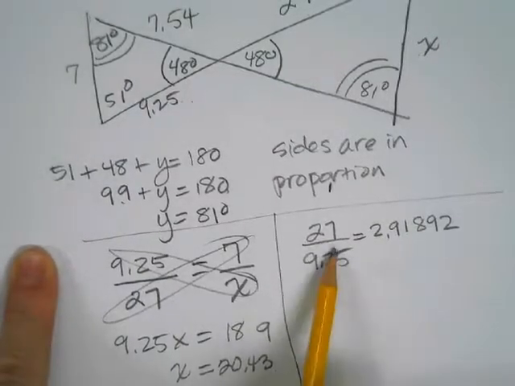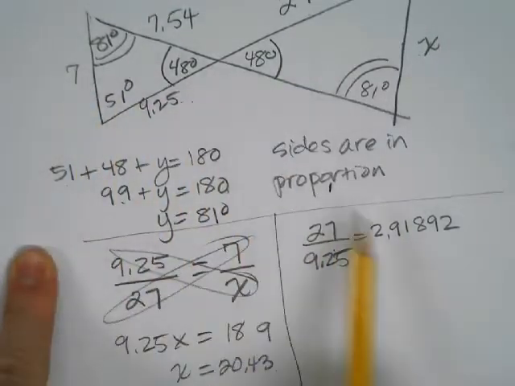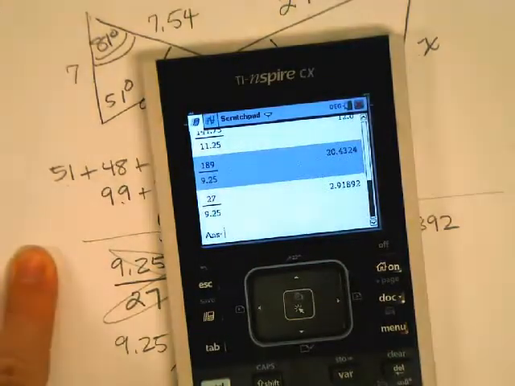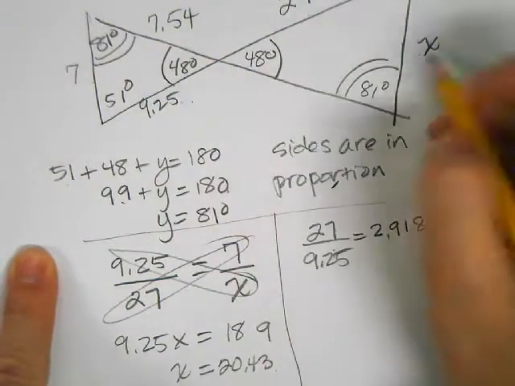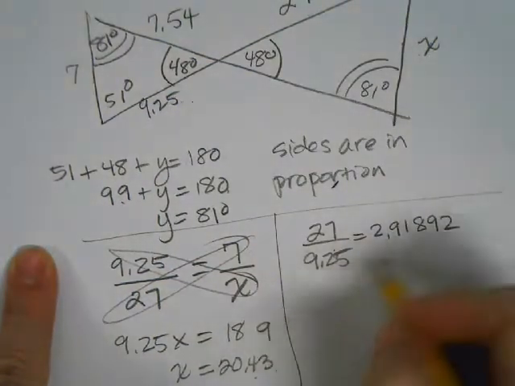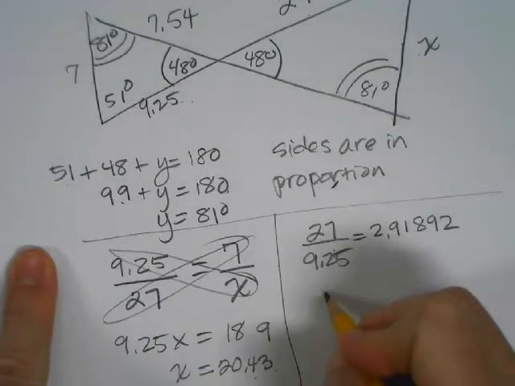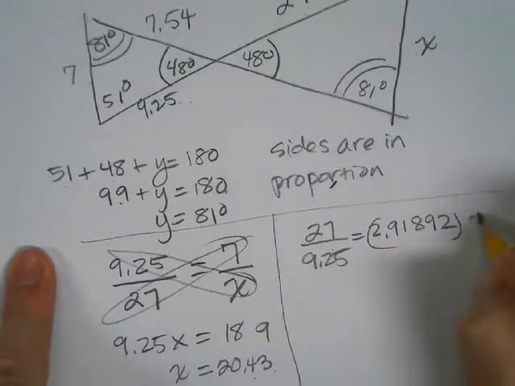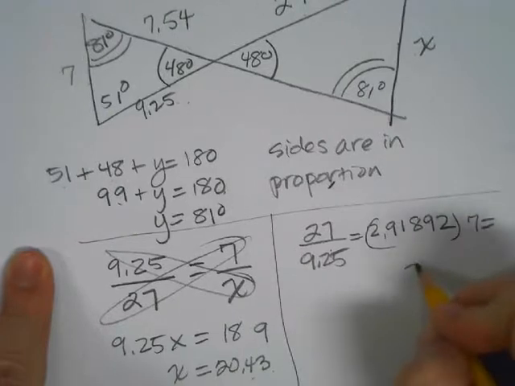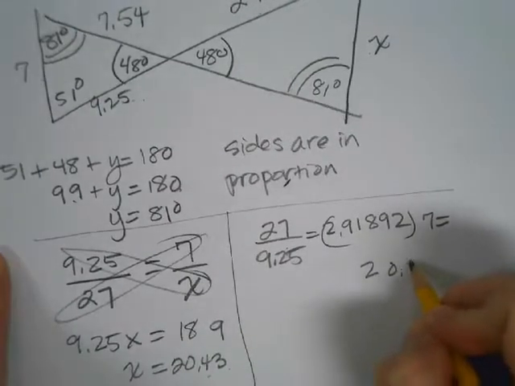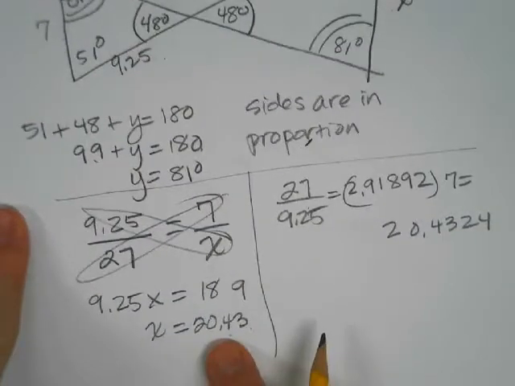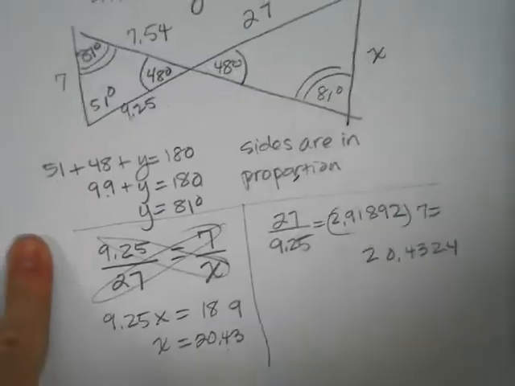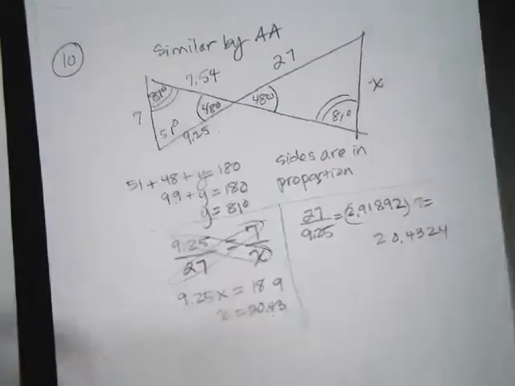So I'm just going to multiply 7 times 2.91892, and that's the same thing I got right here. So I'm just going to put times 7 equals 20.4324. So the same thing we got this way. So either way is fine with me as long as you show your work.